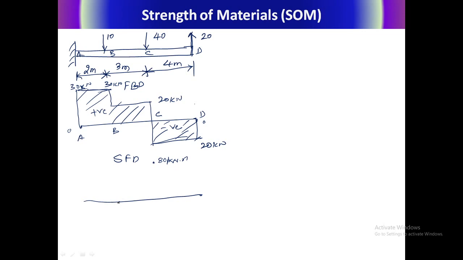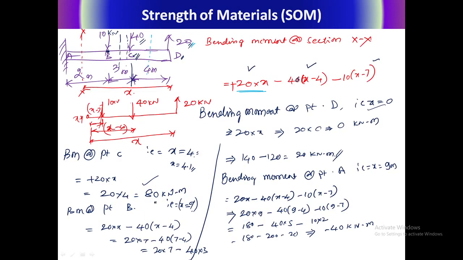Next, at point B, minus 20 kilonewton meter. I think this is continued, right? Sir, at point C, 20 kilonewtons. 20 kilonewton, it is a shear force.